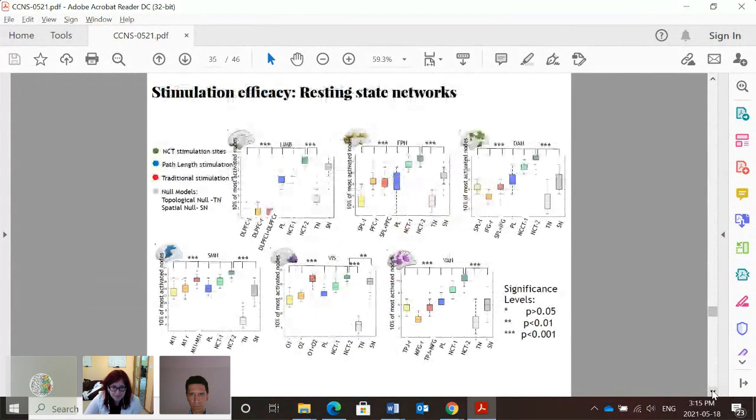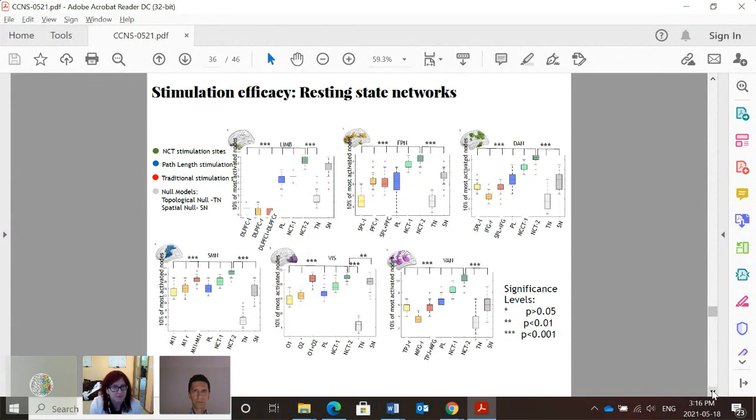Okay, next slide. And I'm aware we're running out of time. So that was just for default mode network as a working example, but we did the same calculation for all of the 7 resting state networks from this parcellation, and here are the rest of them. The story is pretty consistent across all of them. The sites from the literature are always performing the worst, except for visual network, where they do a lot better.